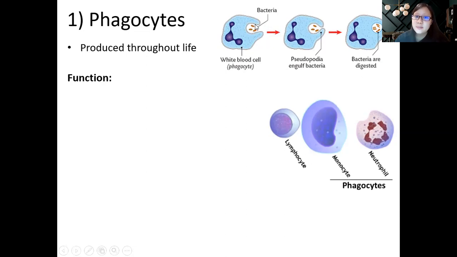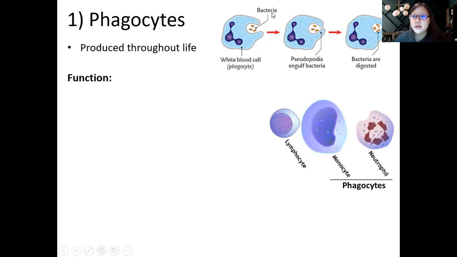We can recognize that the pathogen is not a cell of our own body by some sort of receptor. And then cytoplasmic extensions or pseudopodia form, and they fuse at the end, forming a phagocytic vacuole. And this gets digested when lysosomes fuse with it and digest the bacteria. And as a result, the bacteria is killed.